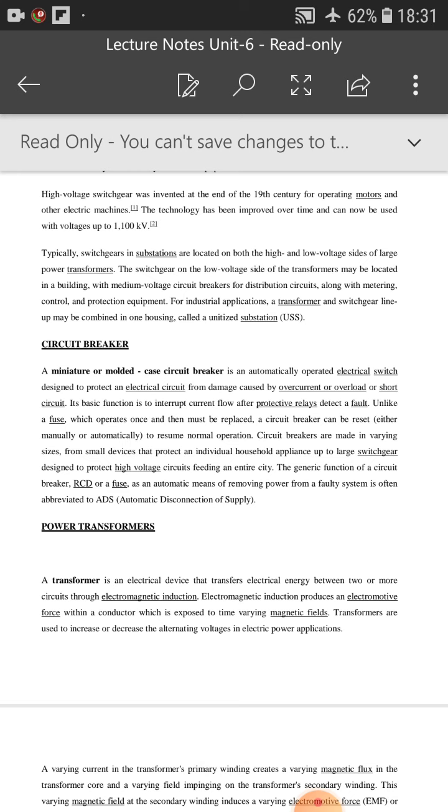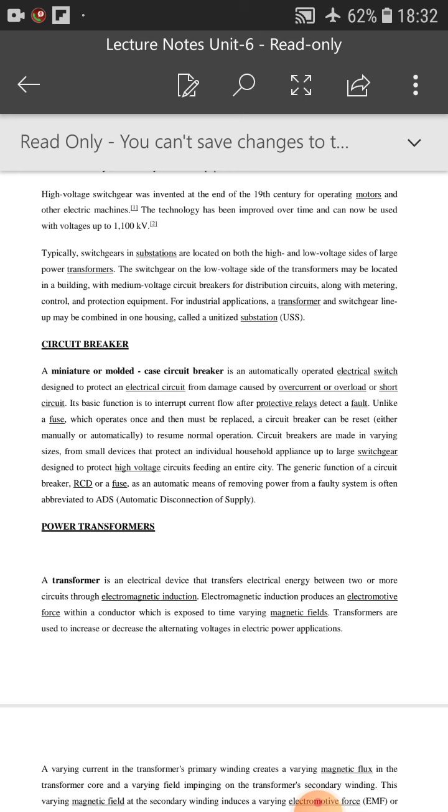Its basic function is to interrupt current flow after protective relays detect a fault. Unlike a fuse, which operates once and then must be replaced, a circuit breaker can be reset either manually or automatically to resume normal operations.